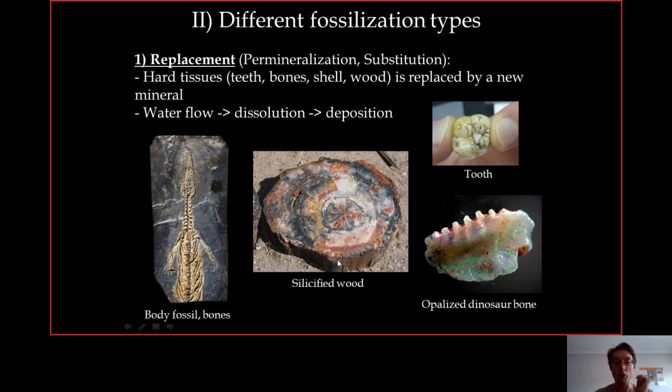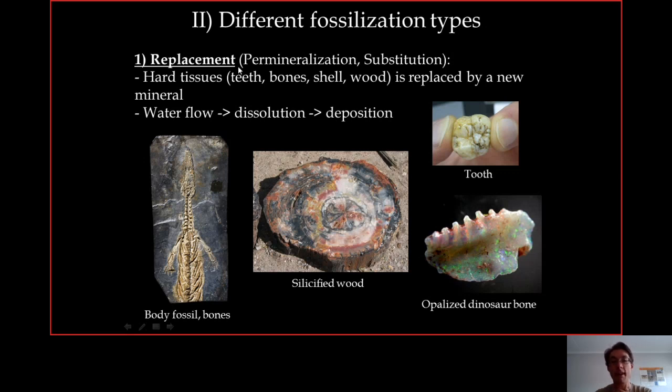Silicified wood is the most typical example of a replacement fossil because it's in the name. It's the wood that turned into silica, which gives the name silicified wood. And most of the bones and teeth that you can find in the fossil record turned into a new type of mineral because of replacement.